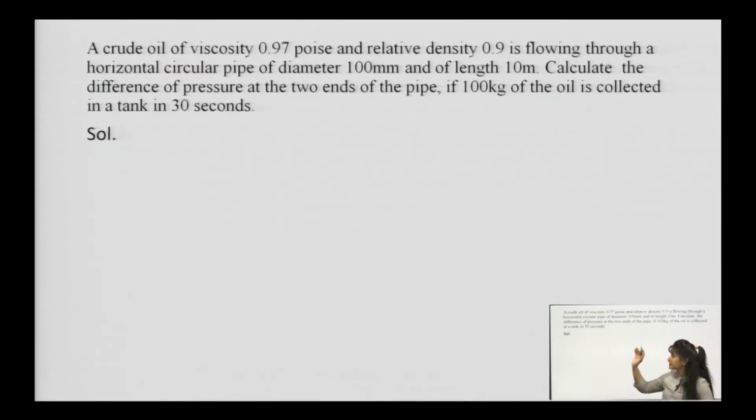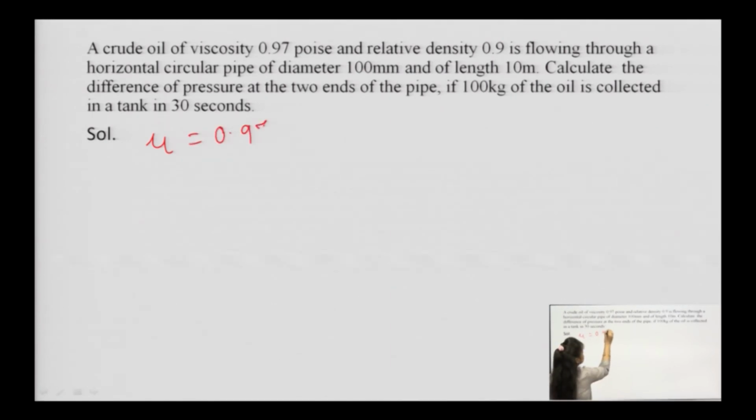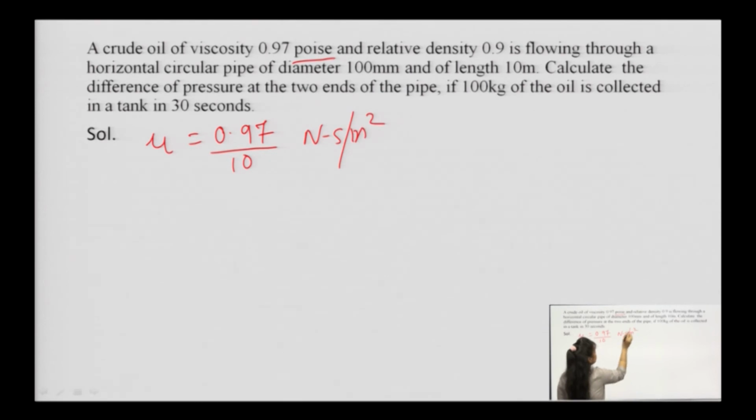So, read the question. A crude oil of viscosity mu is given as 0.97 poise. After converting into Newton second per meter square, it will be divided by 10. Then it has a relative density, or specific gravity, of 0.9.